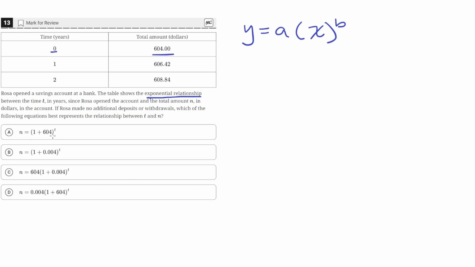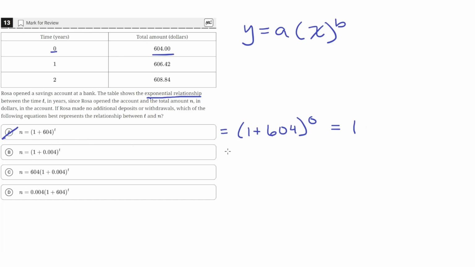So if we plug in t equals 0 into this first equation, we're going to get 1 plus 604 raised to the 0th power. And we know that anything raised to the 0th power, in this case 605, is just equal to 1, which is incorrect because after 0 years, the total amount of dollars in the account should be 604, not 1.